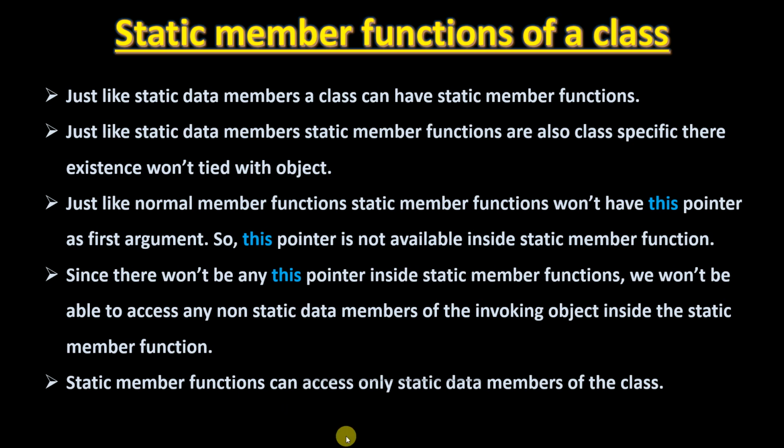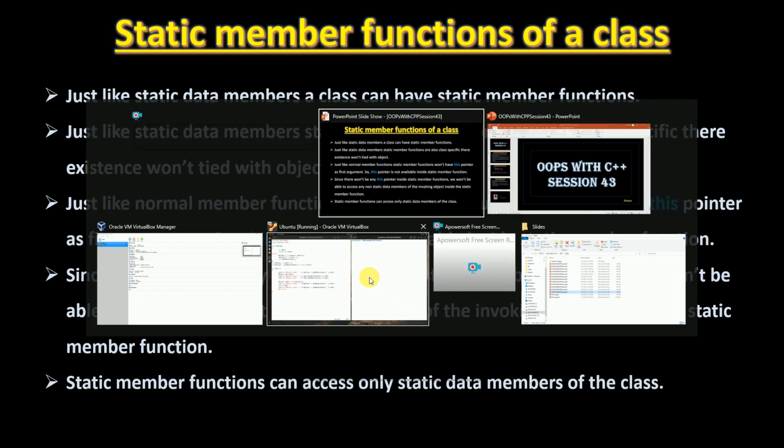So static member functions can access only static data members of the class, and cannot access non-static data members because the this pointer is not associated with static member functions. Now let's see one program and understand how it works.